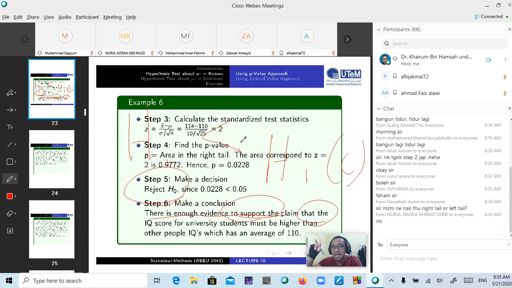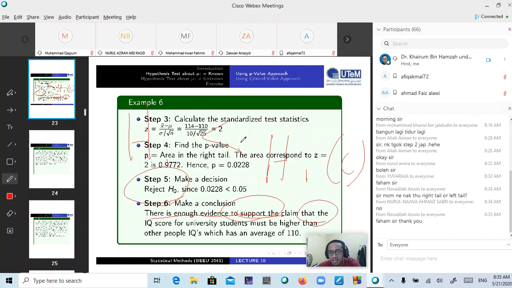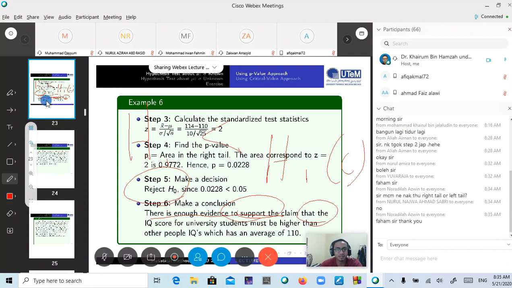Dan ingat, H1 tak boleh ada equal sign. Faham, Noradilah Azwin? Tengok kepada H1. Okay. Less than, left tail. Greater than, right tail. Not equal to, two tail. Okay. Settle.